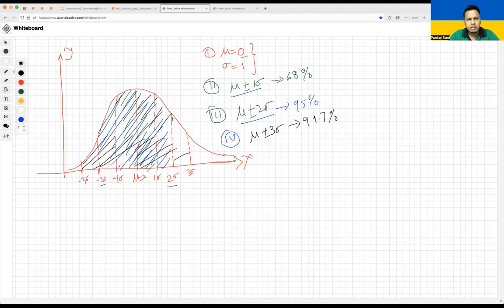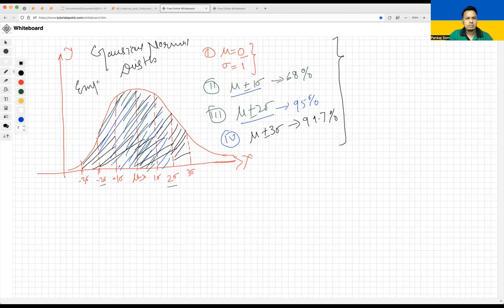Just by looking at the bell curve, if and only if your data is following the Gaussian normal distribution, this is what is going to be applied to that data set. Let me reiterate once again. Gaussian normal distribution, this is as per the empirical rule.